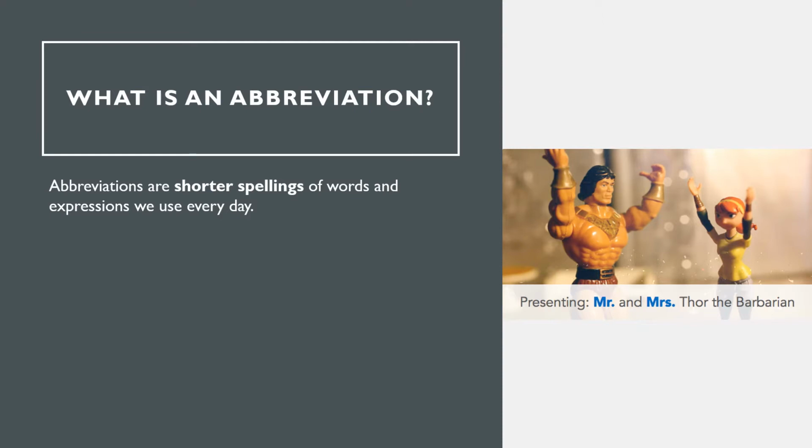time. So for example, in our picture, we have presenting Mr. and Mrs. Thor the Barbarian. Notice that Mr. is abbreviated, which means shortened, for the word mister, spelled M-I-S-T-E-R.